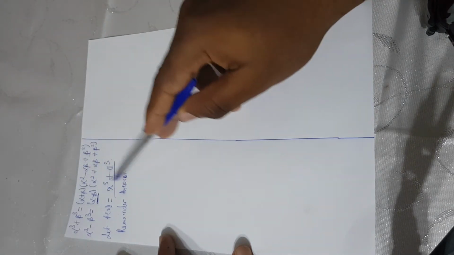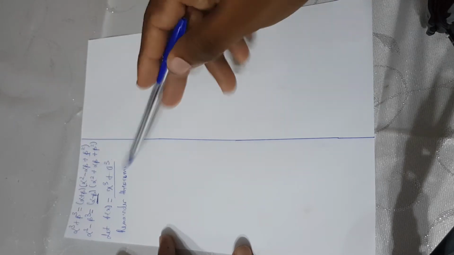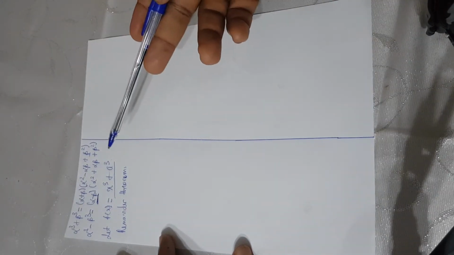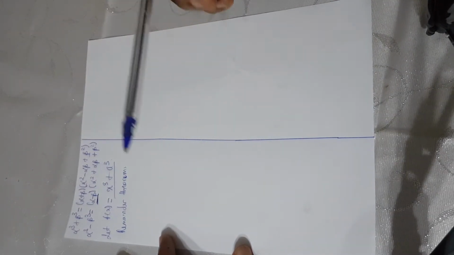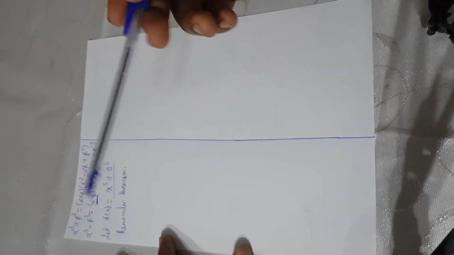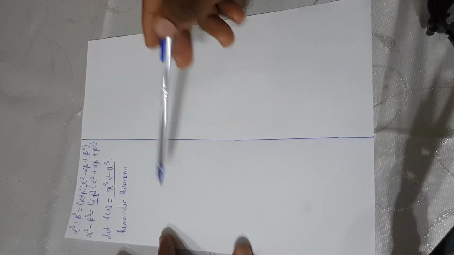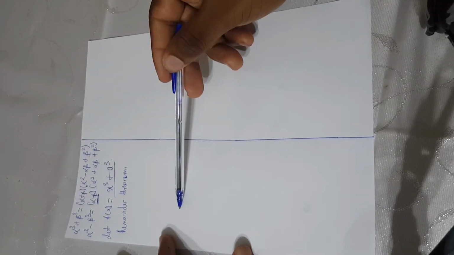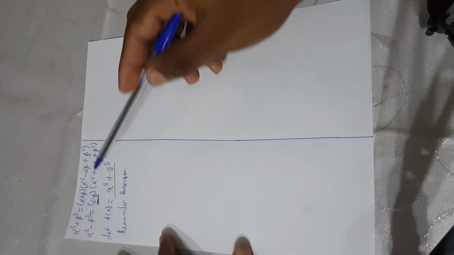If I divide this polynomial by a certain linear function, and I have a remainder which is 0, it implies that the linear function I've divided with is a factor of the polynomial.